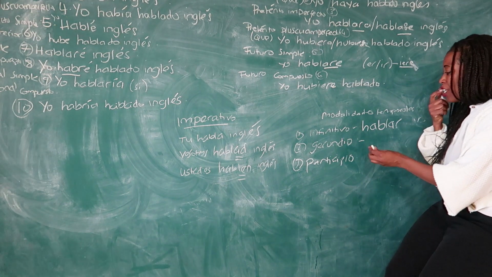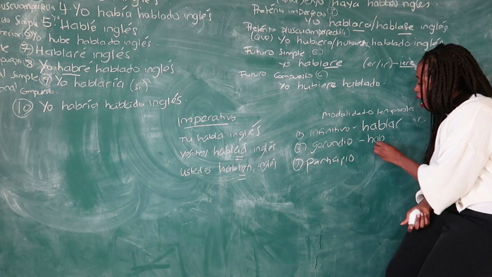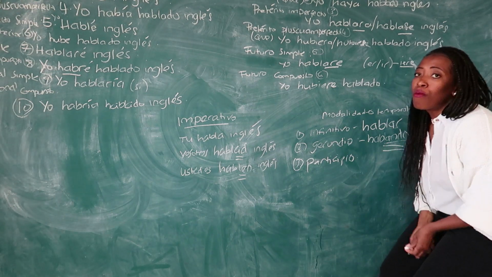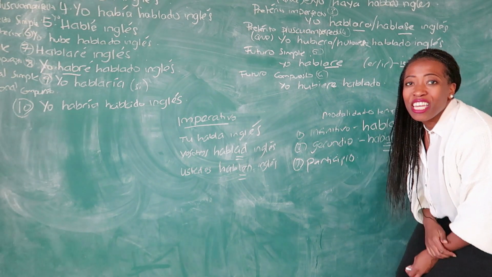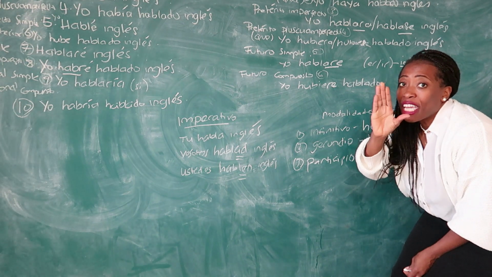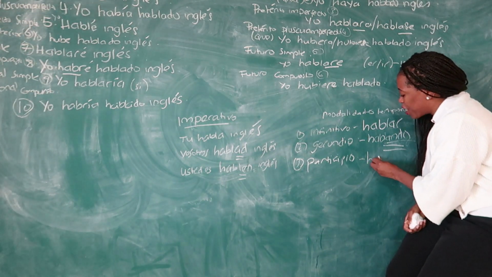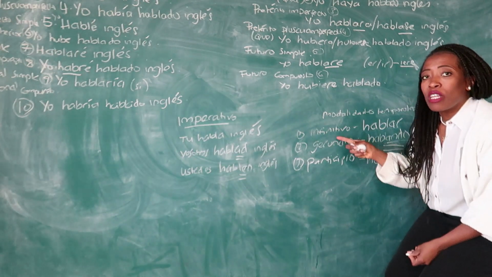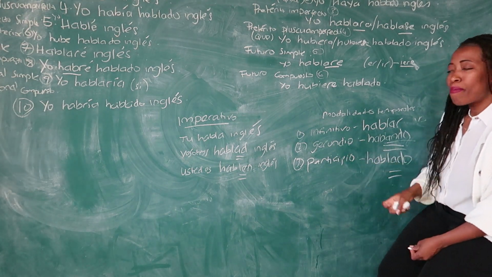In gerundio, the gerund form would be hablando. So it's ando. Remember, if it's a verb that ends in ER or IR, it will be yendo: viviendo, or bebiendo, drinking. And el participio would be hablado, spoken. So estas son las tres modalidades temporales: infinitivo, gerundio y participio.